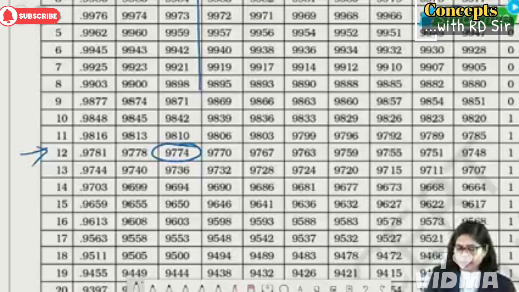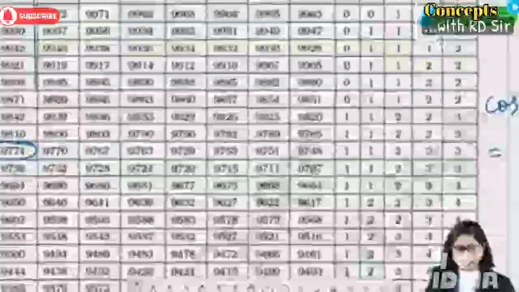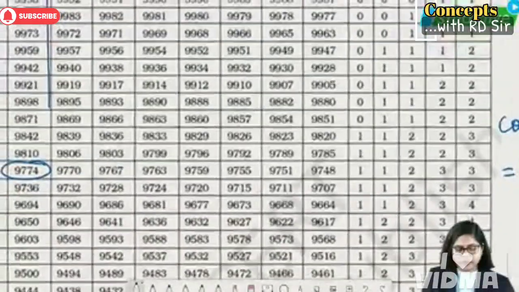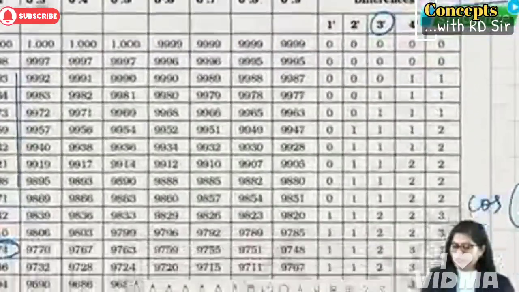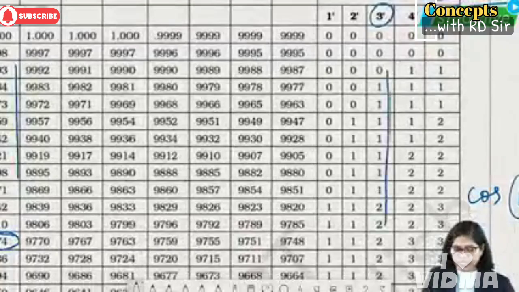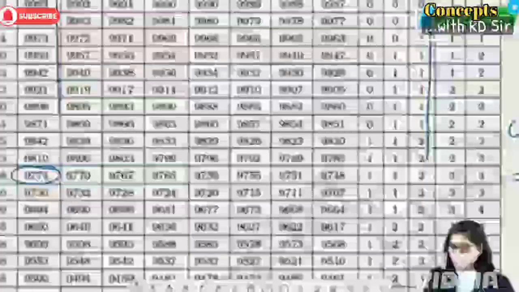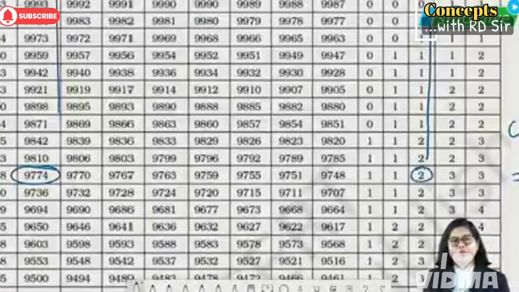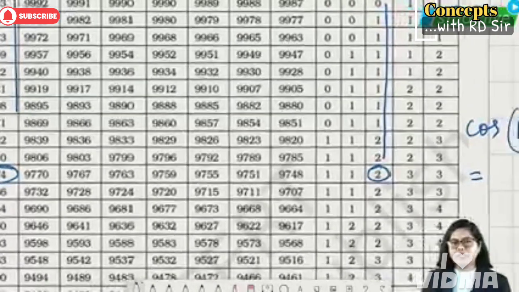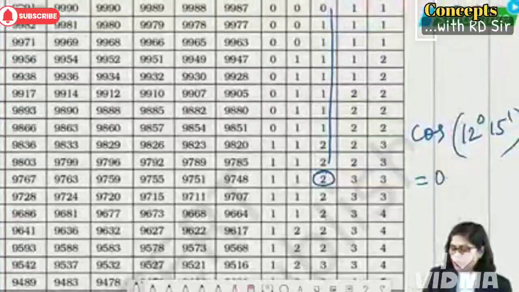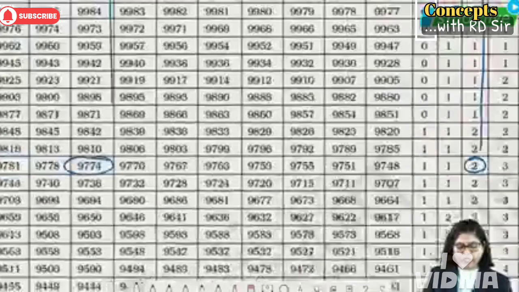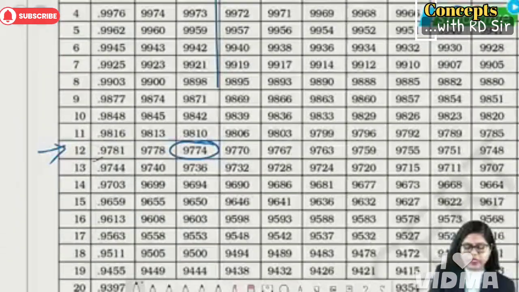I am going to subtract how much? This particular number. For 3 columns, students, 3 minutes, this is the column. You can check in your log table also, okay? So I am going to subtract 2 from this number, right? So we are going to get the value as 9772. It is 0.9772. Why 0 point? Because the first column everywhere it is decimal.